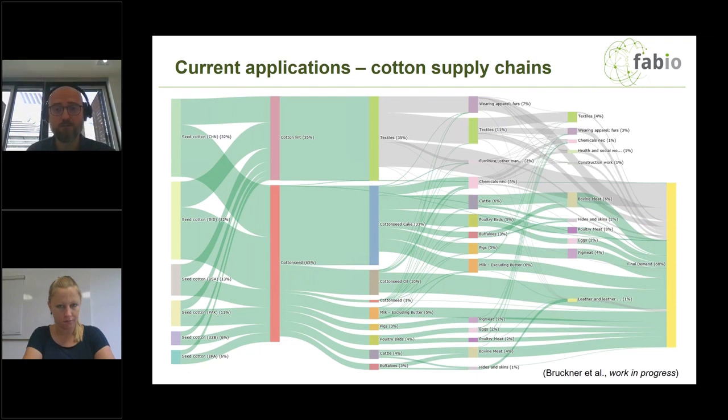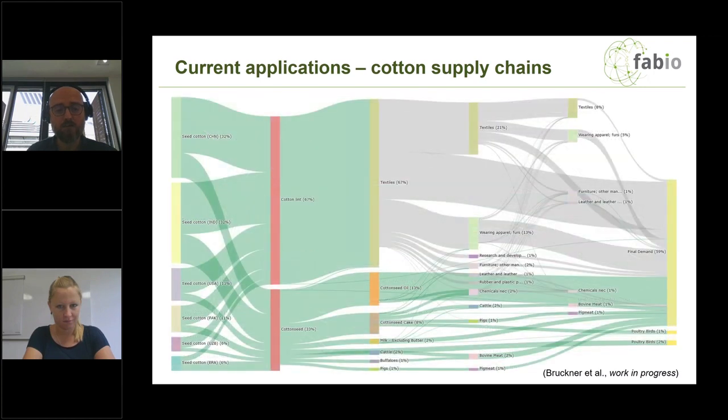Now, if we switch to value allocation, you can see that now it turns upside down. So now it's 2/3 going into non-food uses, into textiles mainly, and only 1/3 going into food and feed. This is because the cotton lint, although being only 1/3 of the harvested quantity, is 2/3 of the value.